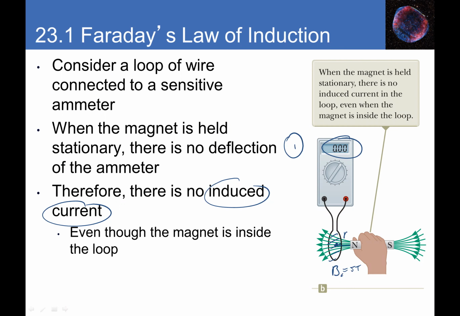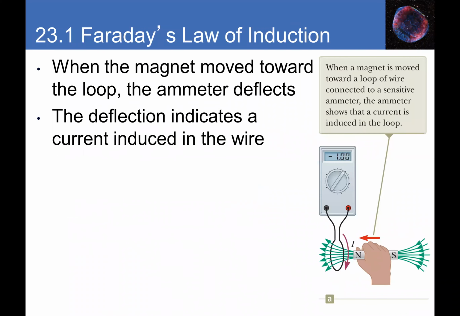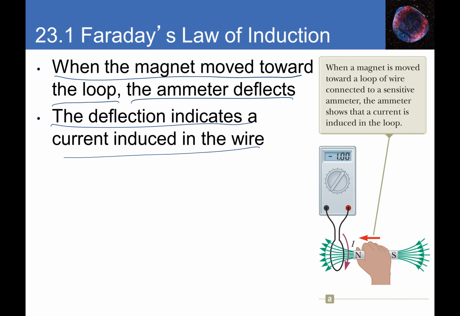Okay. So then what he did was moving the magnetic field. So he started moving the magnetic field relative to that loop. So you can say, right, when the magnet moved toward the loop, the ammeter deflects. Okay. And that deflection indicates a current induced in the wire. All right.